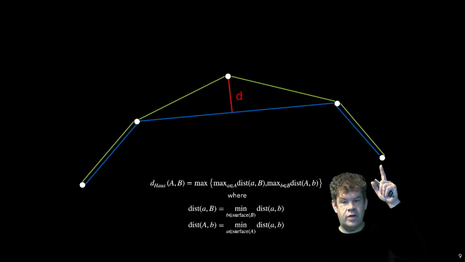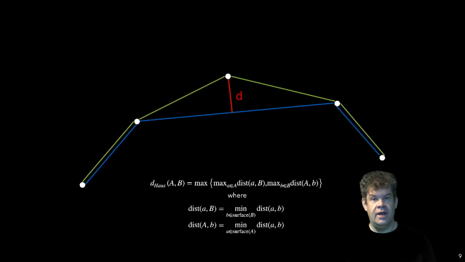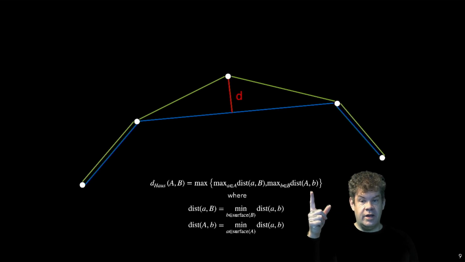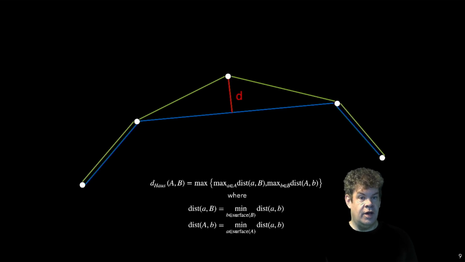Like this point here, for instance, has 0 distance to the blue surface, but I get one that is non-zero here. And that is, of course, what I would consider the distance of those two structures. So that's where the maximum comes from. If I compute the other way around, if I go over all the vertices in the blue structure and compute the distance to the yellow one, I would get 0. So you already see here that these two maxima aren't the same.